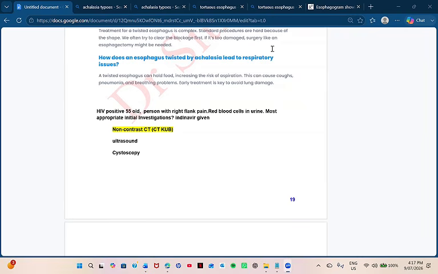Usually CTKUB means they have not mentioned contrast, like IV contrast or not. KUB means kidney, ureter, bladder. So without contrast, right? We are using it.